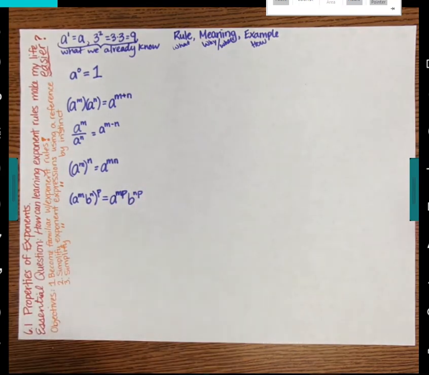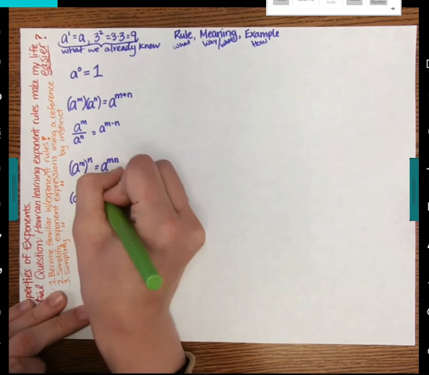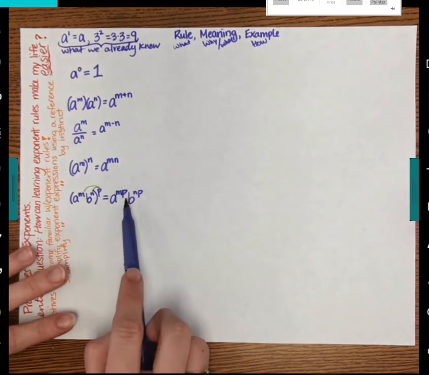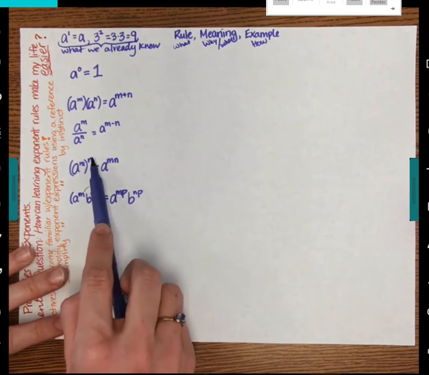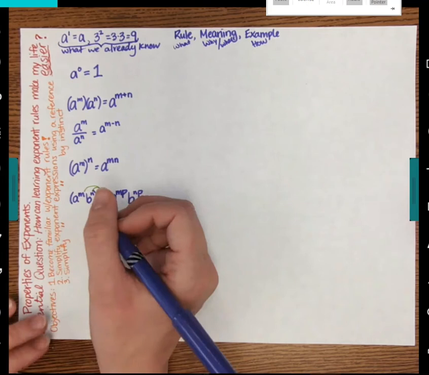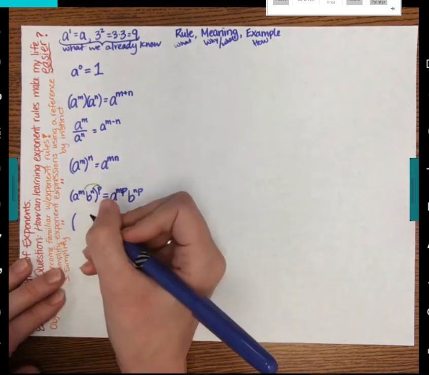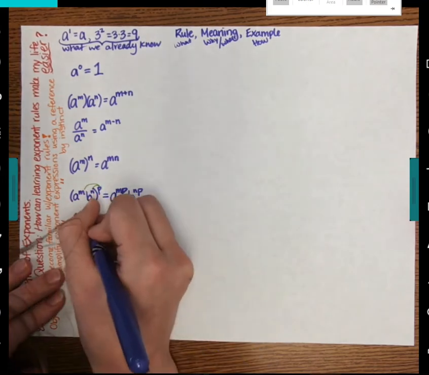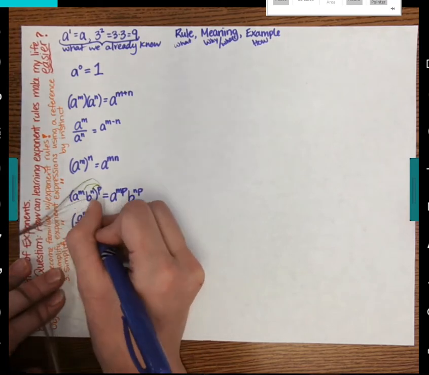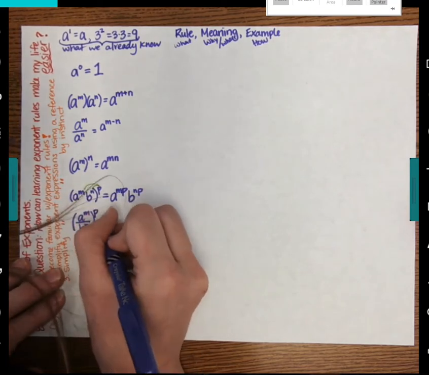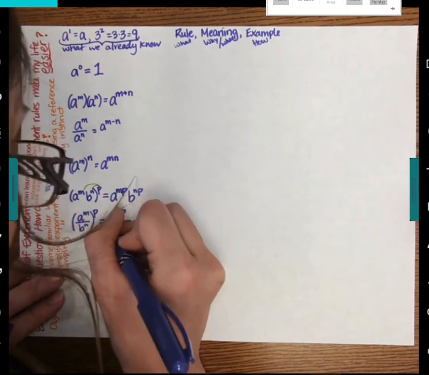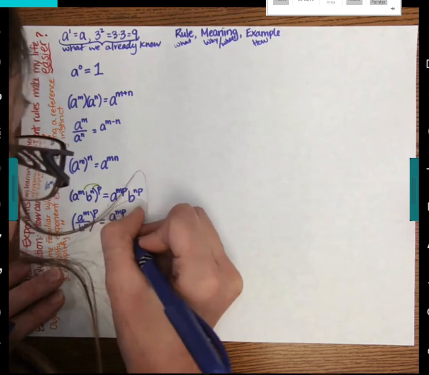So if you take a little look here, that's distributing. See, on an individual scale, it's just like this one, right? Power to a power, multiply the powers. This next one is that same rule again, just looking at it with a fraction. A to the m over b to the n, all to the power of p, equals a to the mp over b to the np.